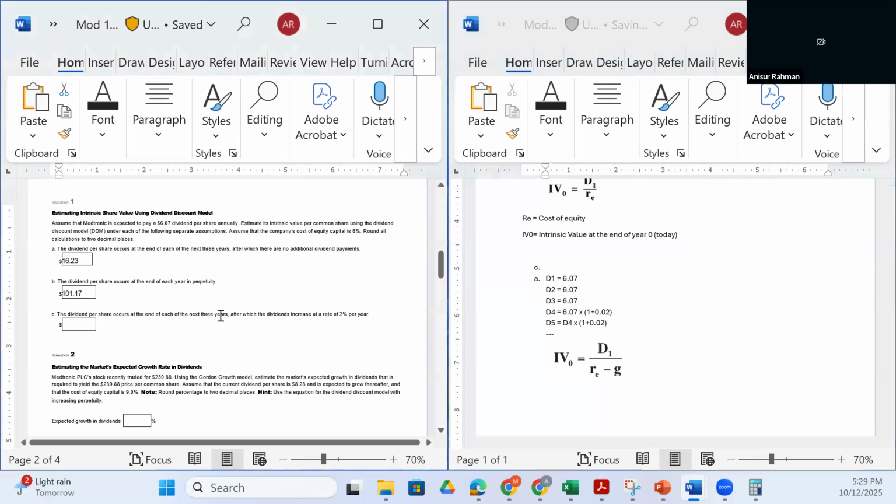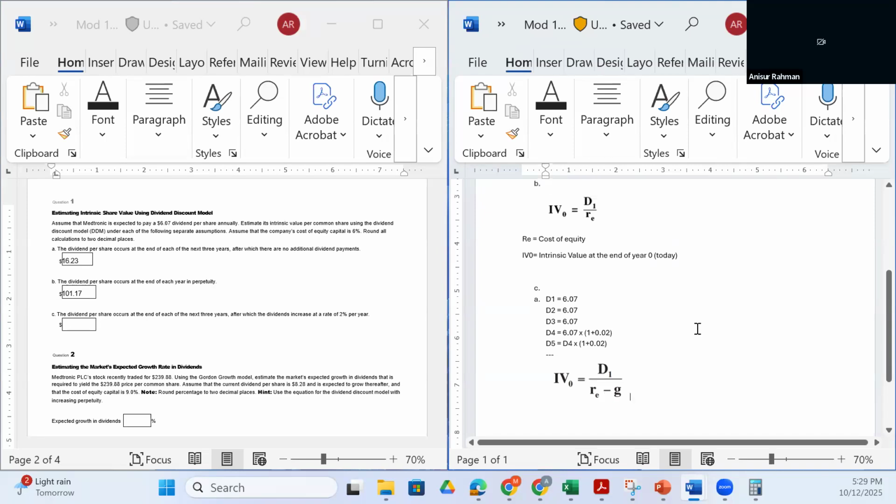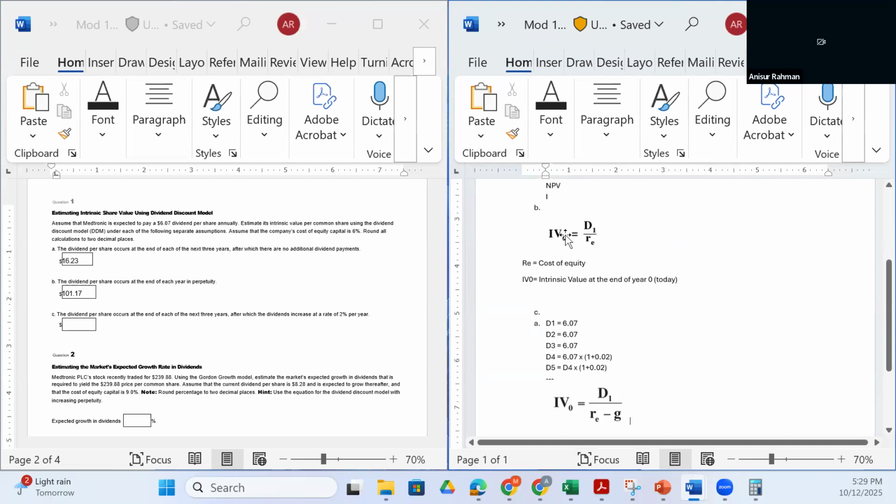But what we have here is a mix of perpetuity and different cash flows, and also the same cash flow for the first 3 years. In this formula, what you need to notice is that you can find the intrinsic value today, at the end of year 0, if you know the dividend at the end of year 1 divided by RE minus G. Similarly in the previous formula, you need the dividend 1 year after D1 to find the intrinsic value today.